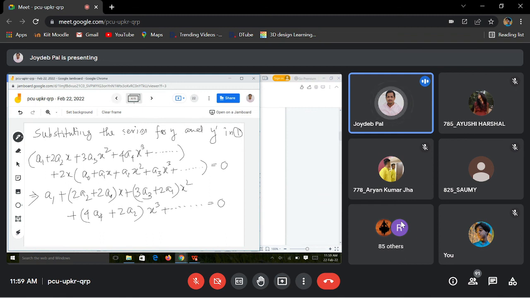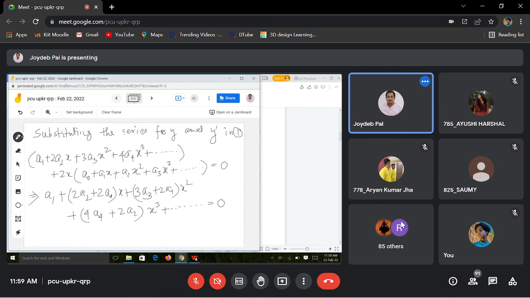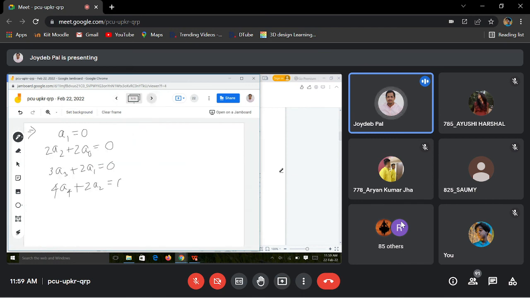Now you compare coefficient of x cube. 4a4 plus 2a2, na? Yes. So we will get some relations, right? Relations among the coefficients. Now on solving this, we will get the values of these coefficients.